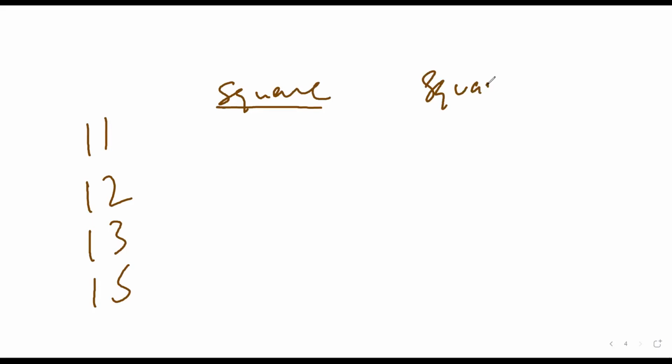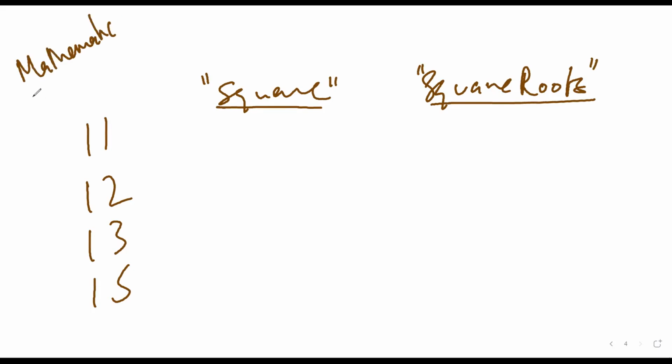So let us take a few more examples and try to understand what is happening. These are just mathematical operations. What are mathematical operations? It means that so far we have done plus, minus, divide, multiply.